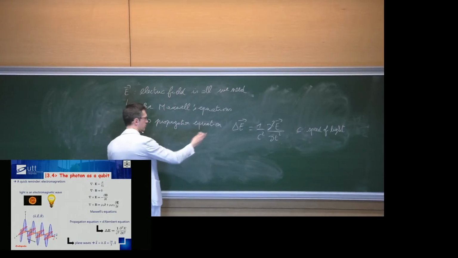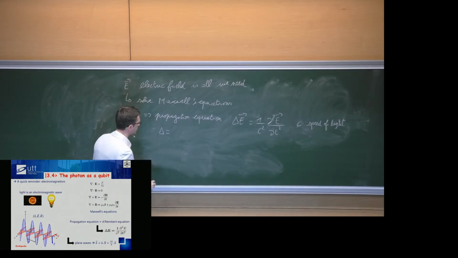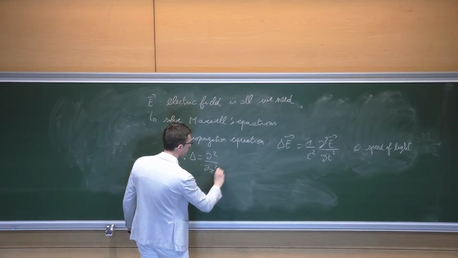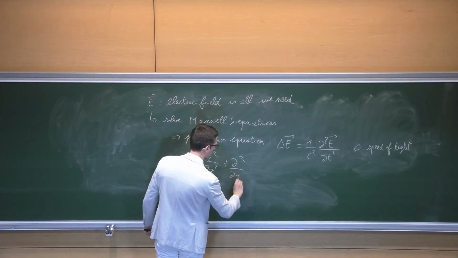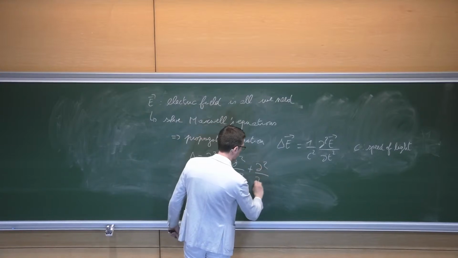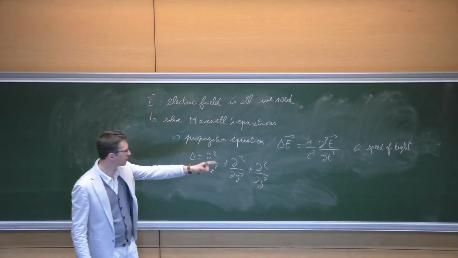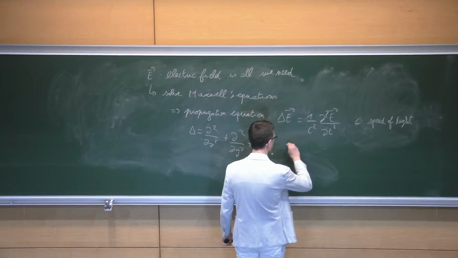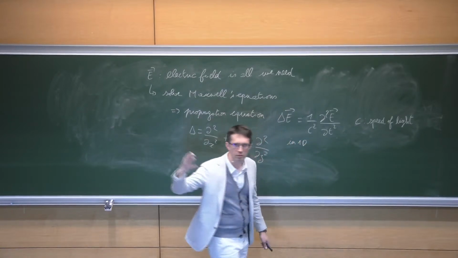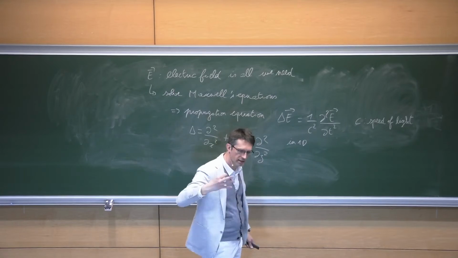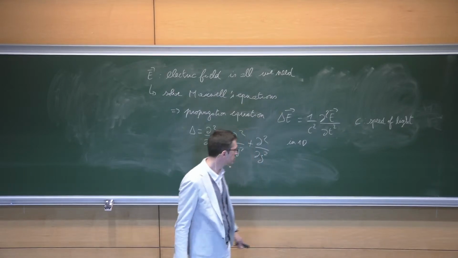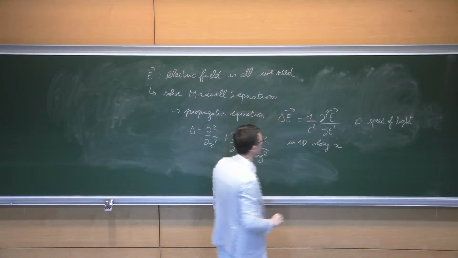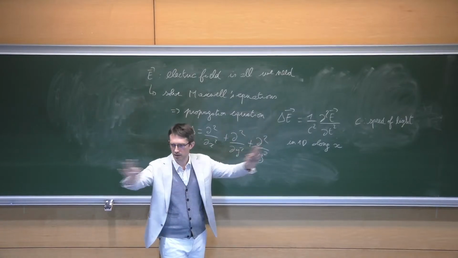This operator, in Cartesian representation, is simply the second derivative in space of whatever I apply it to. So let's take a very simple case, in 1D. Assuming I have an electromagnetic wave propagating along the x direction, I can drop the vectors, since this is along x.